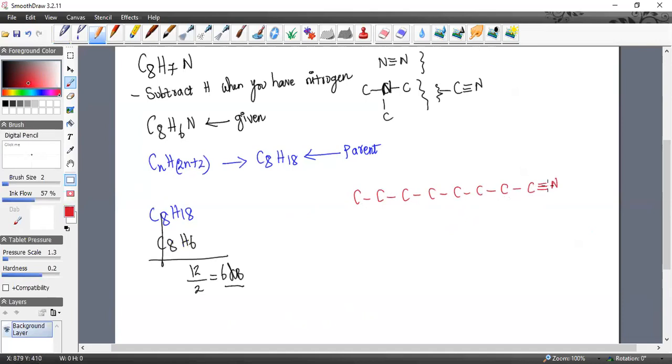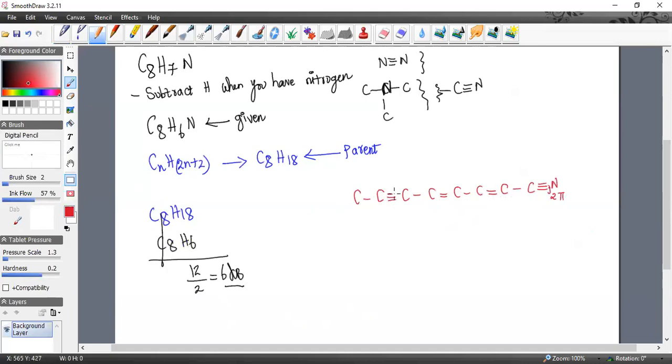What does that mean? I've already used 2 of the pi bonds out of the 6. So I am going to put 1 here, and then 1 here, 1 here. And in the process, I still have 2 more pi bonds, right?